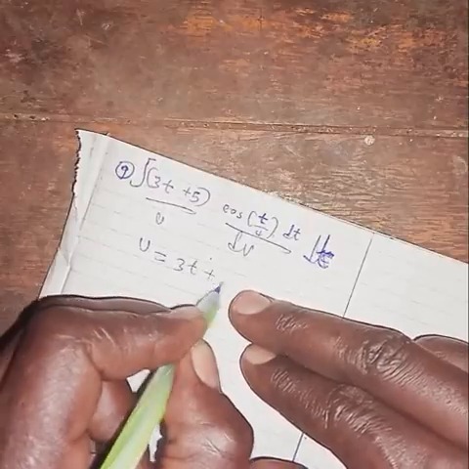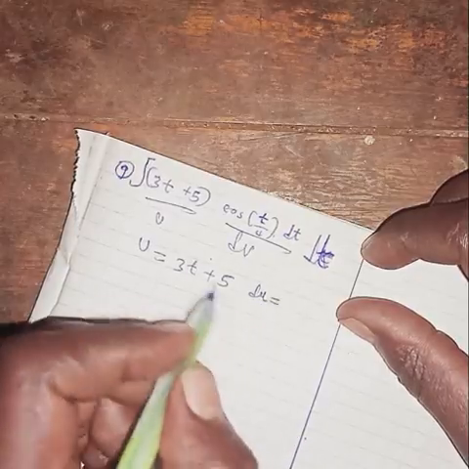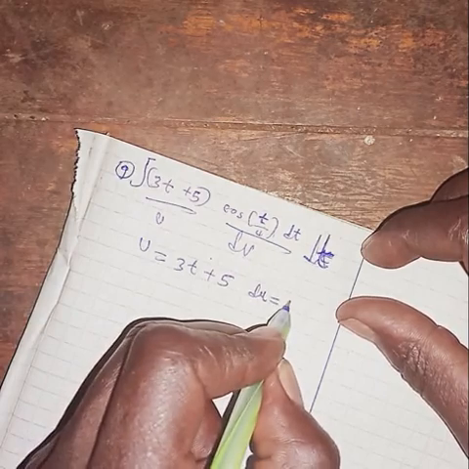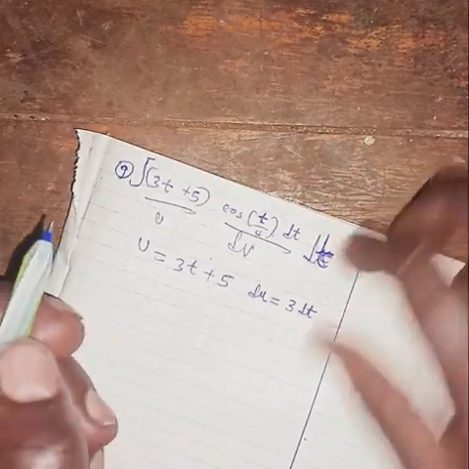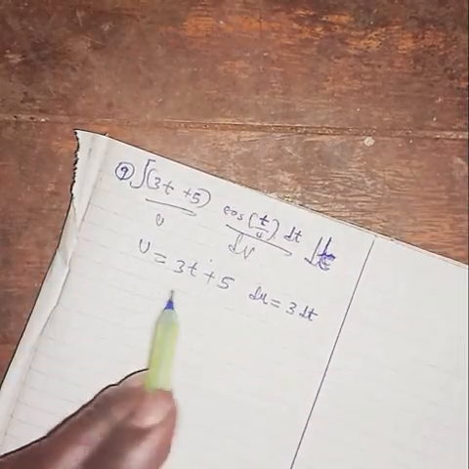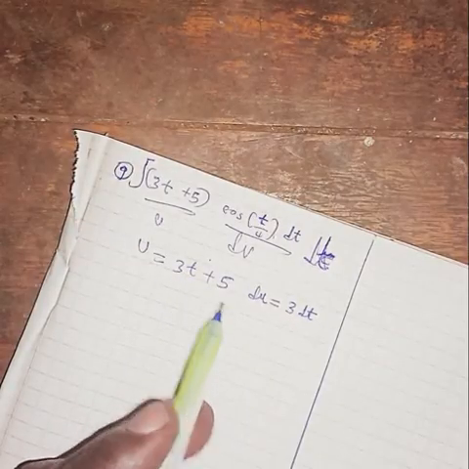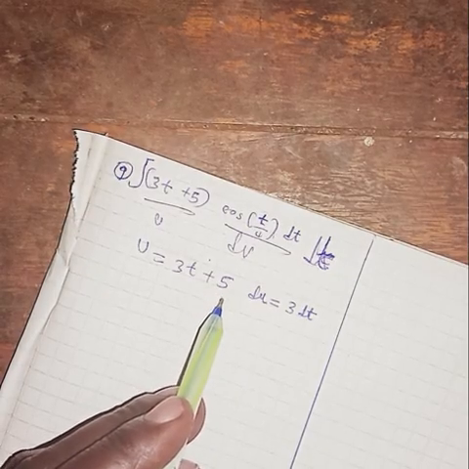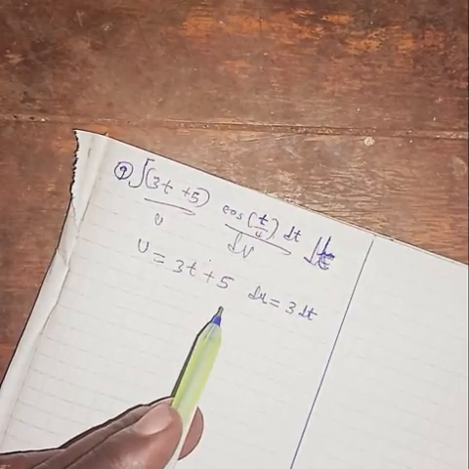You can even pause the video and try on your own. du is just 3 dt. Is there anybody who doesn't know how to differentiate this one up to this far? I can't think so, but if there is one, let me know in the comment section. I can do a video on the same.